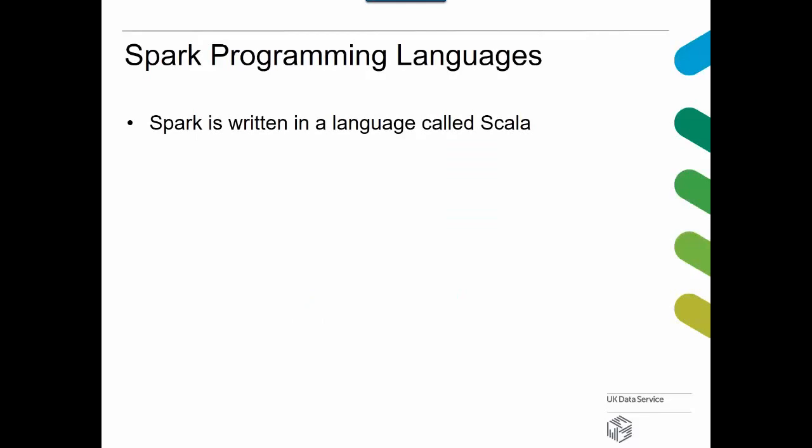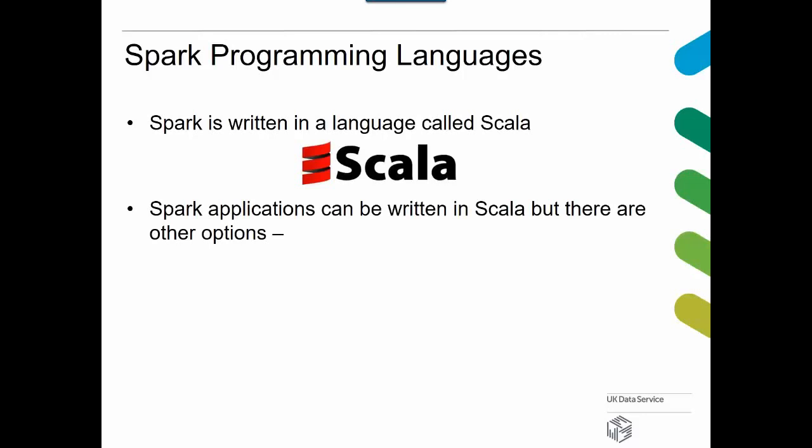When we were seeing the documentation, it did mention the various languages that you can use with Spark. Now, Spark was written originally, and still is, in a language called Scala, and Scala is very similar to Java. So in Spark, anything can be written in Scala.